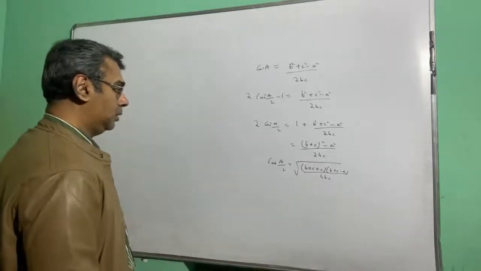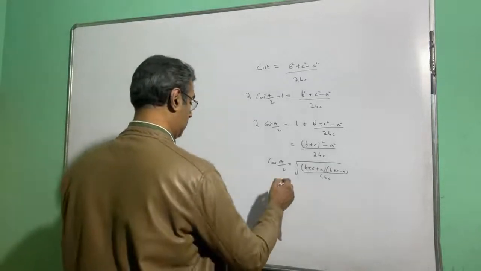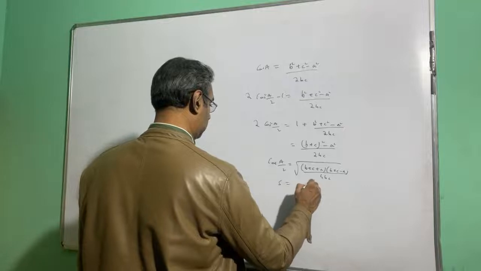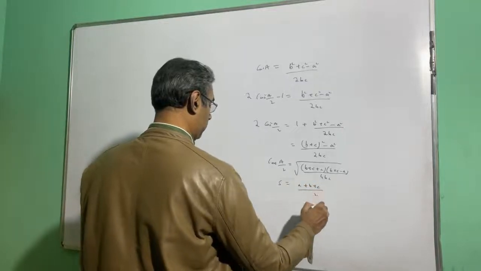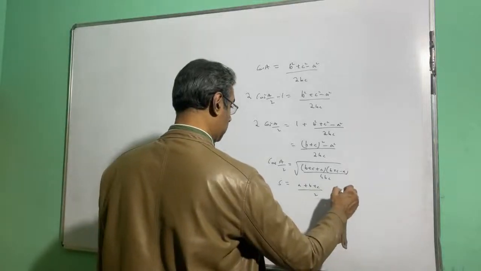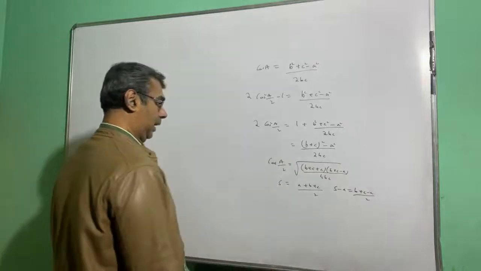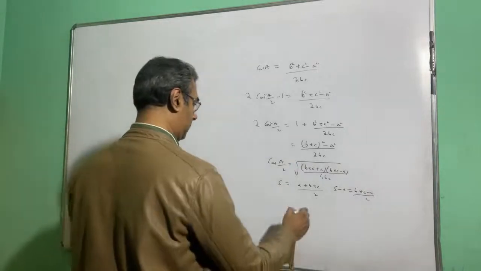So cos A/2 is root over of (b plus c plus a) into (b plus c minus a) by 4bc. Now s will be (a plus b plus c)/2 and s minus a will be (b plus c minus a)/2.